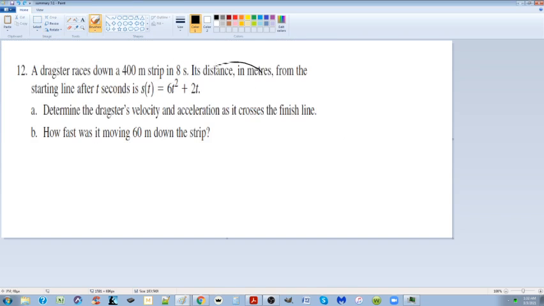A dragster races down a strip. Its distance in meters from the starting line t seconds is given by an upward facing parabola. It always helps if you understand it as well. So take 2t. Already you can tell that there's a time negative a third when it hits, which we never care about negative time, and a time 0.